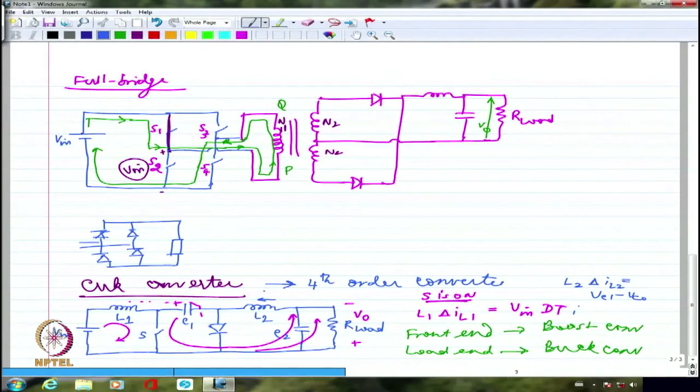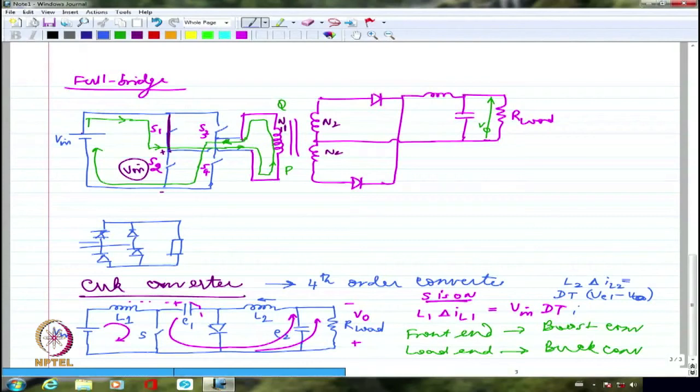The direction of current is in this way. Right? So which is very similar to what we see normally in the buck converter. So this will be VC1 minus V0 multiplied by dt. Right? So I have simultaneously two equations being written, one for L1, the other one for L2, right?